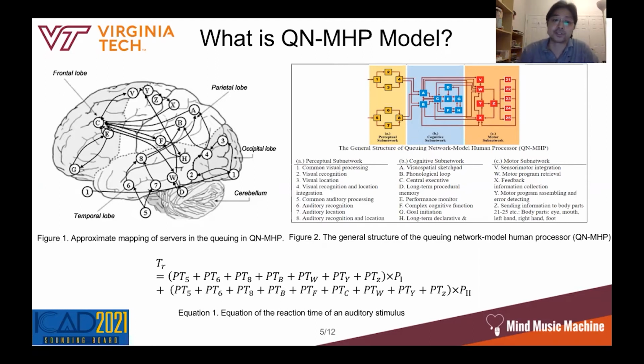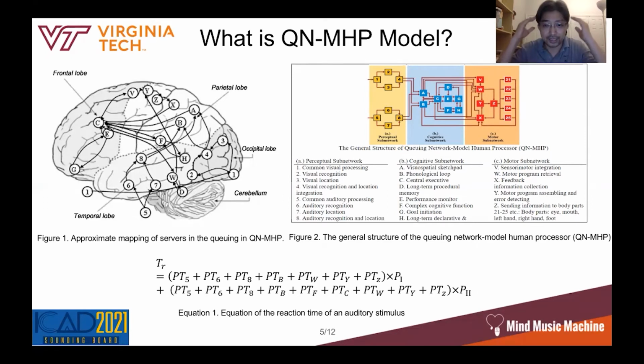So for example, let's say we want to get the response time. So here's response time equation. Some information can go through short route. So route 1, so it's quick and dirty. But sometimes, for whatever reason, our brain, specifically our cortex, has to scrutinize that stimulus.